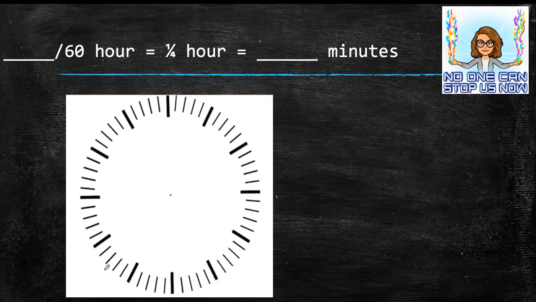How many minutes is 1/4 of an hour? Go ahead and pause the video, figure it out in fraction form of minutes of the hour, and how many minutes there are, and then bring it right back.